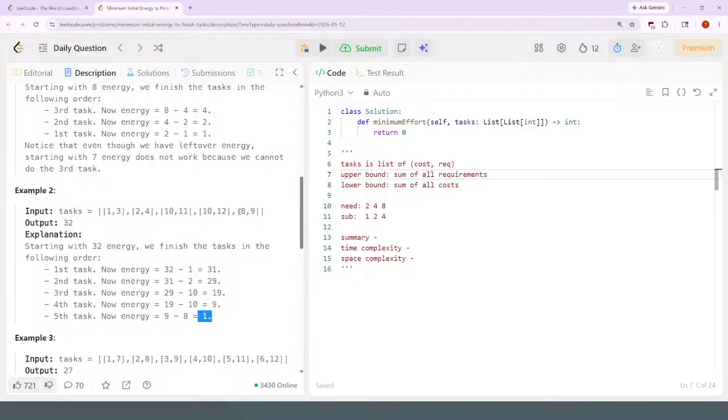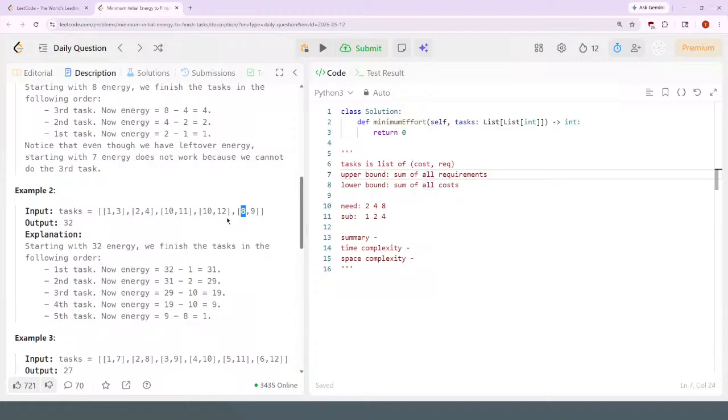So you ended up with an excess of 1. So you needed 9 plus 10 versus 11 plus 8.